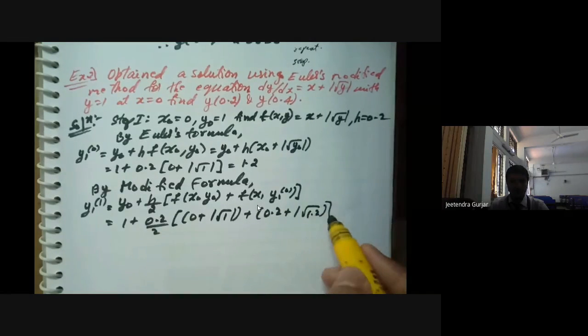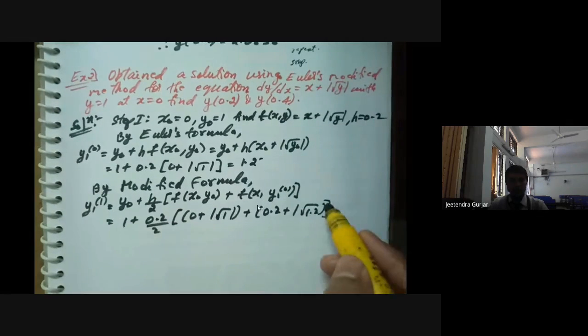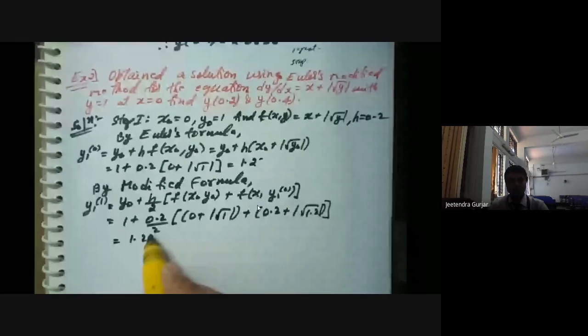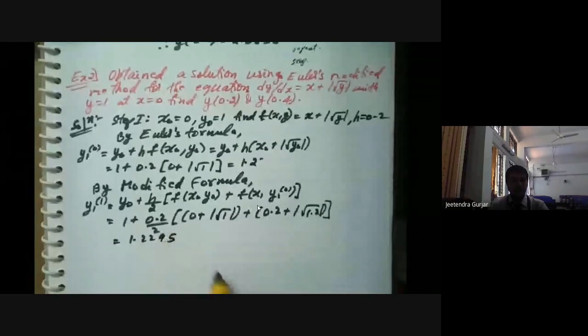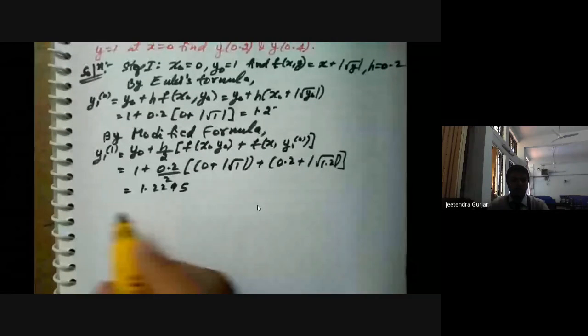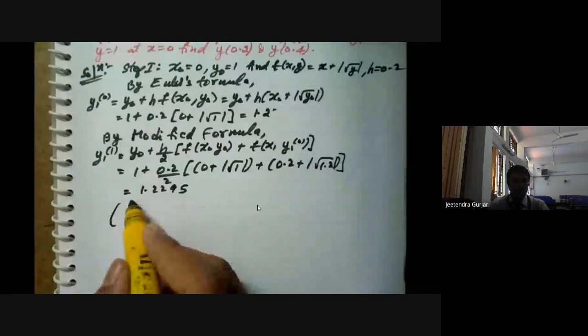I think everyone got the equation. So remember, square root of 1.2, in the previous value we have calculated the approximation. So when you calculate in the calculator, we get 1.2295.